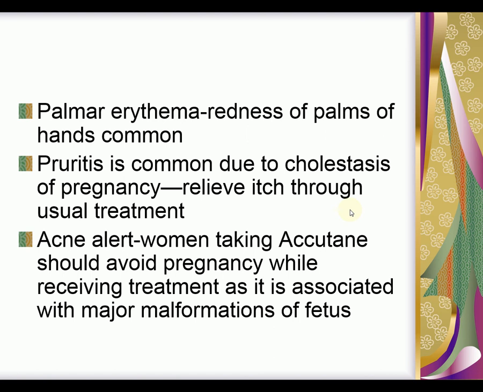There's nothing we can do to get rid of the pruritus. There's nothing we can do to take care of the PUPPP. But usually we treat them with oral antihistamines and topical antipruritics and corticosteroid creams. If it's really severe, we may see oral steroids being given.